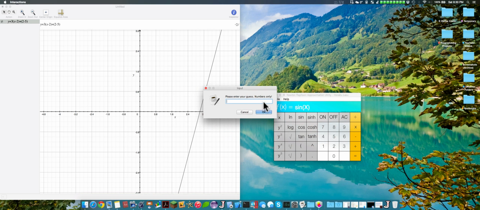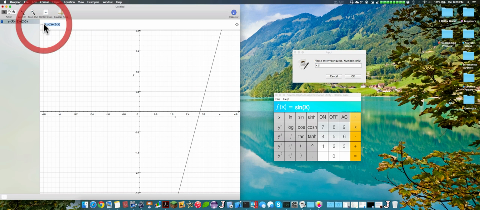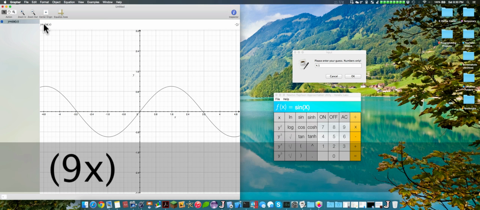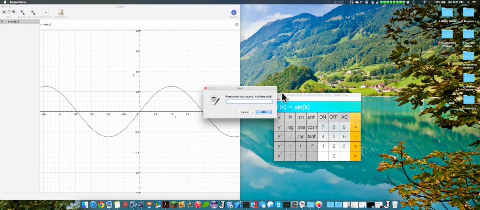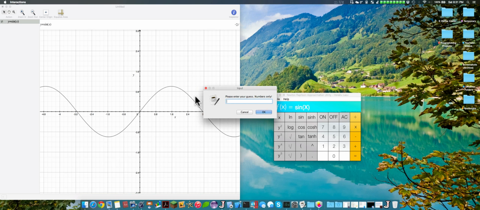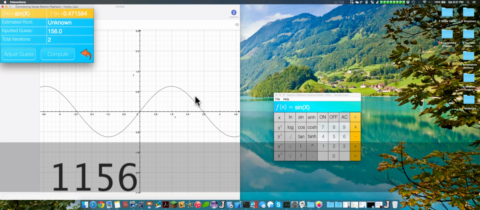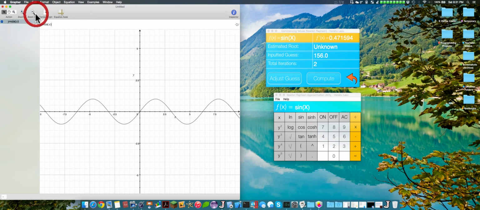It says it's invalid, and the reason is that when you have a function like this, if you start Newton's approximation close to where the tangent slope is close to 0 or an infinite slope point, it will not work. So you need to enter something that will be a better approximation, like 3. 3 is not good. 3.1, or 156. So let's press compute and see what happens. We do 156. Where does it lead us?